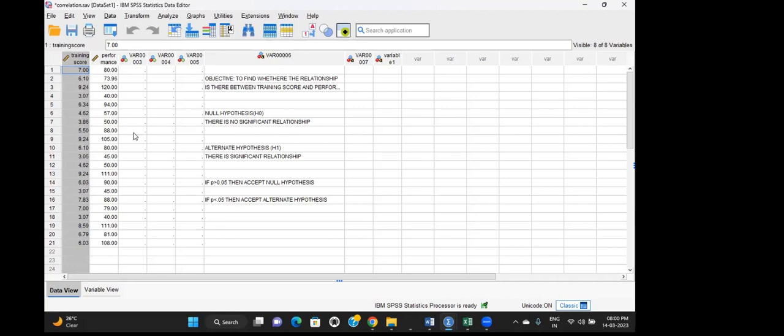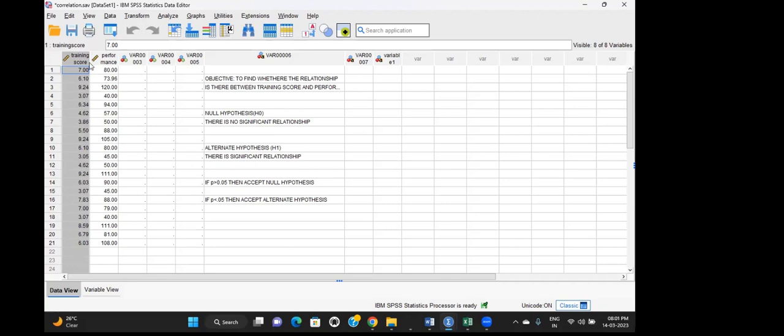Now how to implement this practically? Till now we have understood it in a theoretical manner. Now let's understand how to implement this correlation practically. Let's take this example, where training is given to the employees of a company, and this is the score, right? And this is the performance.